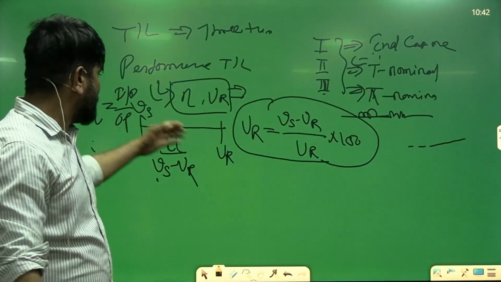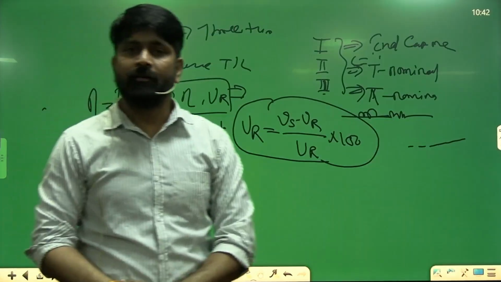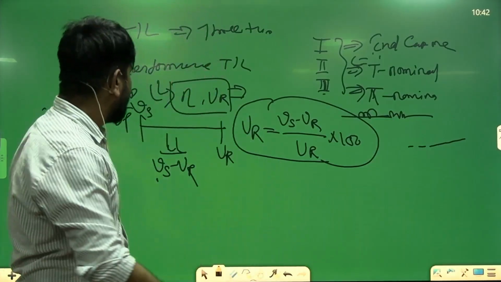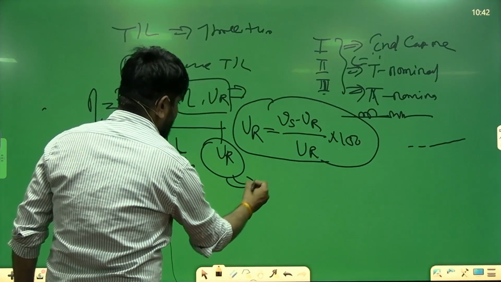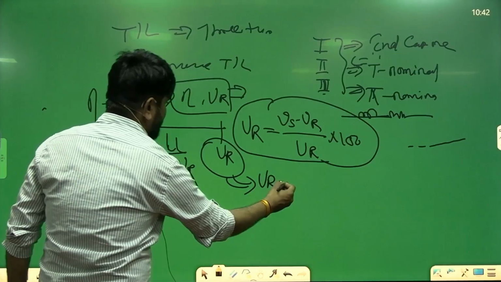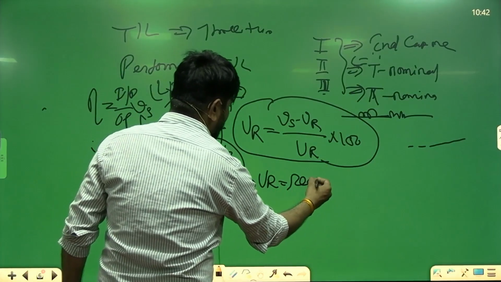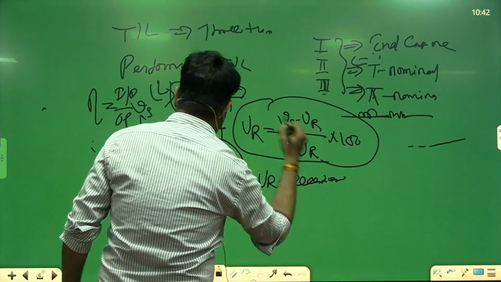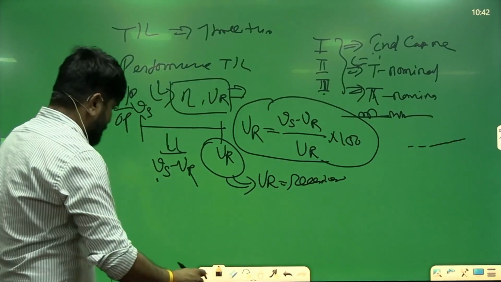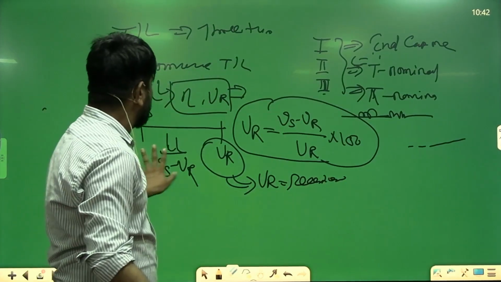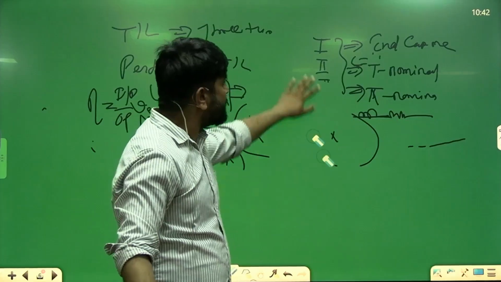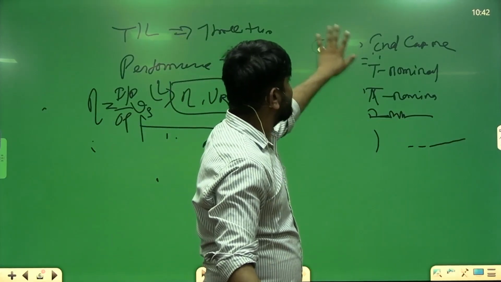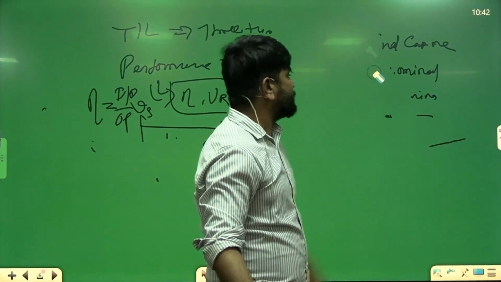Output of this transmission line is VR, the receiving end voltage. Then we can calculate the efficiency of the transmission line easily by the use of this formula.